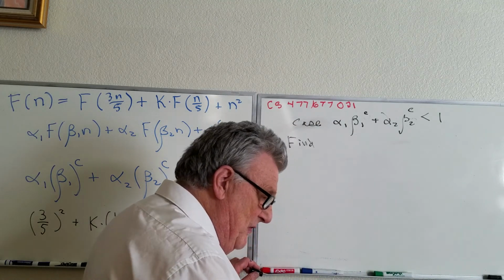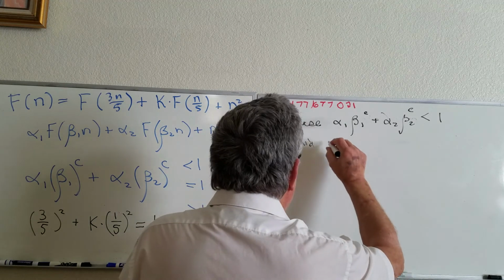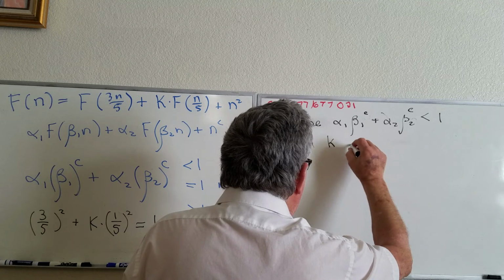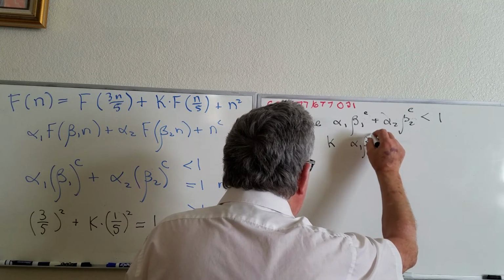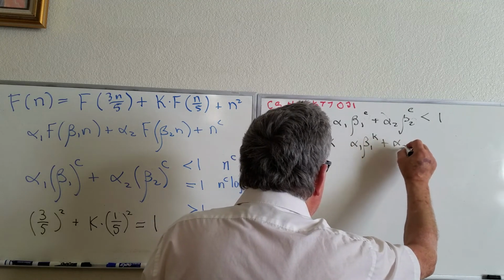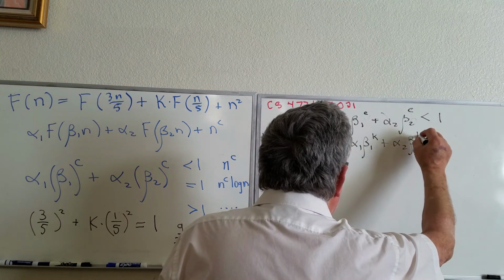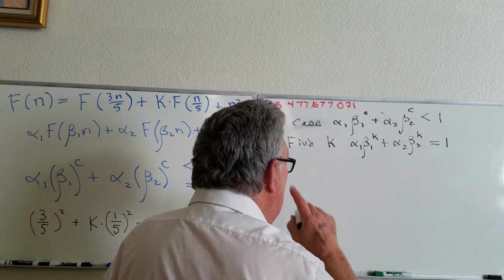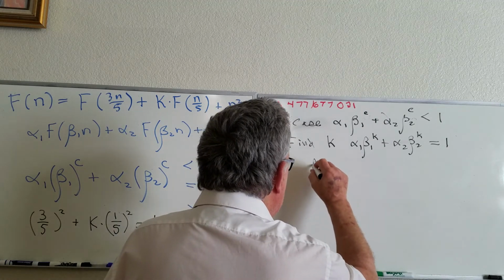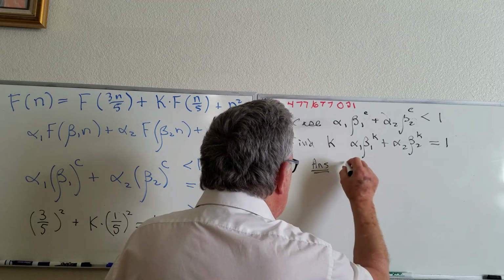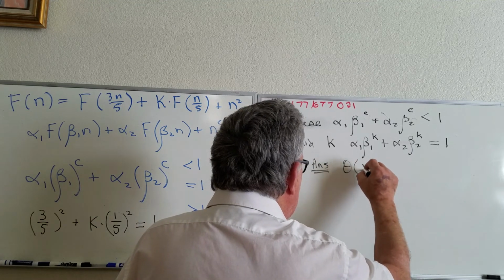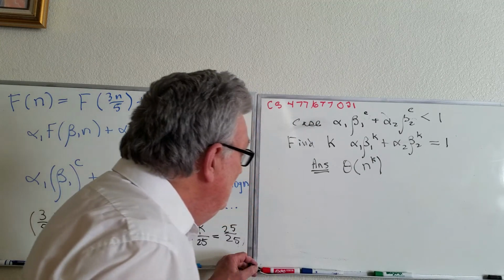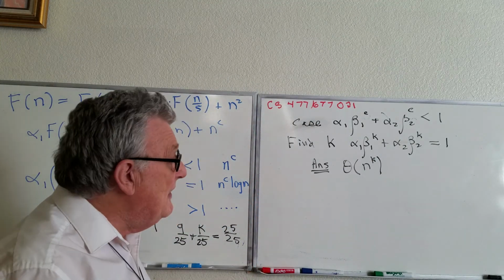No matter what c is, you get the same answer. So you want to find an exponent, we'll call it k, such that alpha 1 beta 1 to the k plus alpha 2 beta 2 to the k equals 1. And then the answer is theta of n to the power of k. That's the solution in that case.